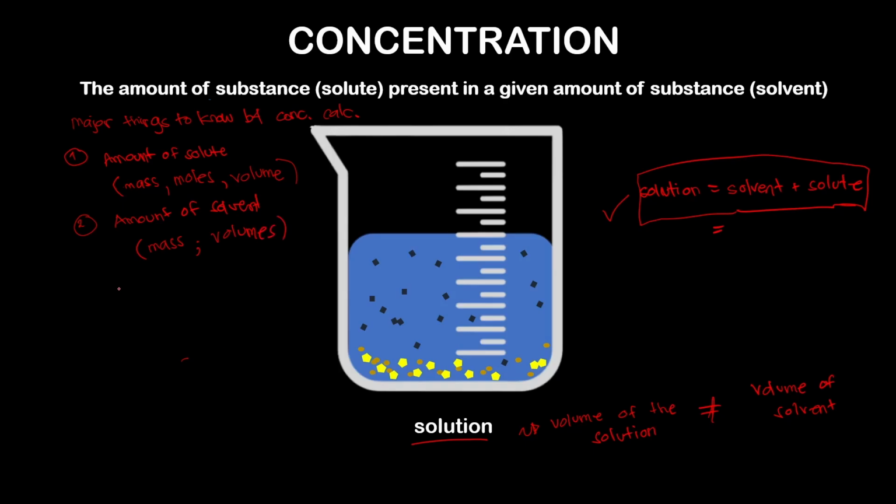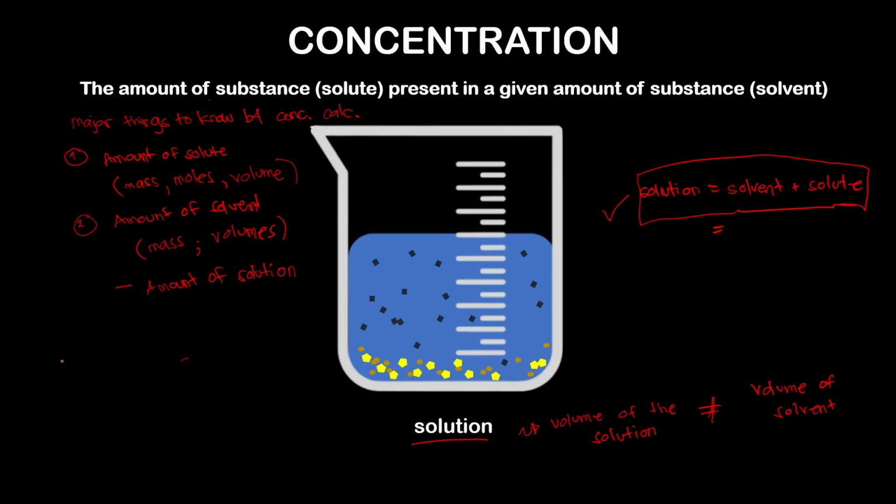And sometimes it is not the amount of solvent given, but the amount of solution. This can be tricky because some students will think that amount of solution and amount of solvent are the same. Okay, so we have some sample problems later.